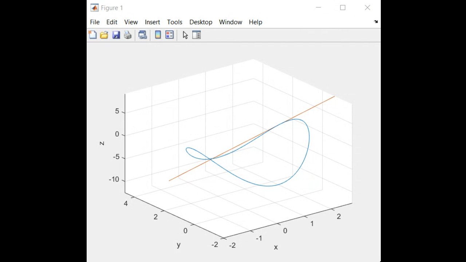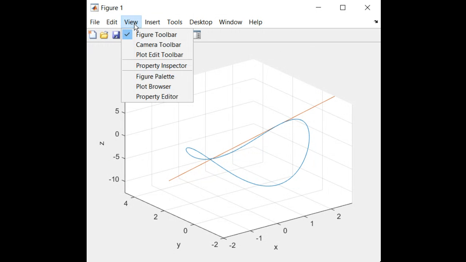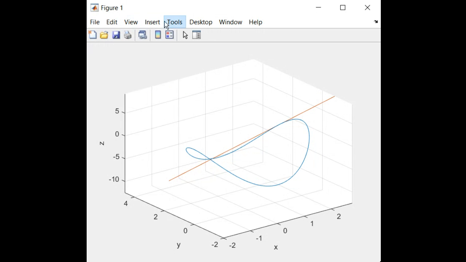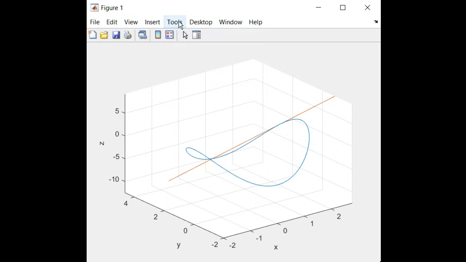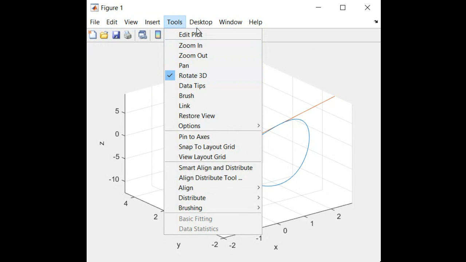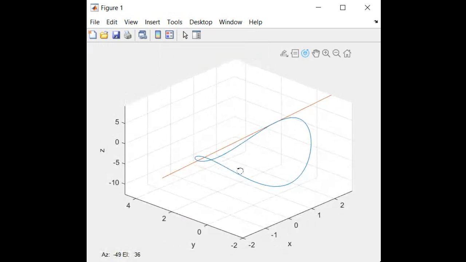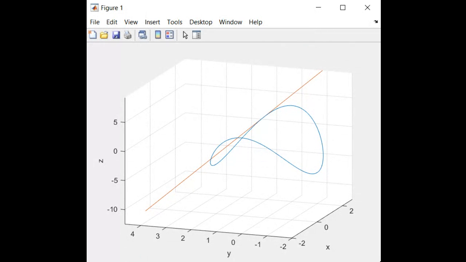And by the way, if you go to the figure and click on tools, you can rotate the figure. You can rotate and change your orientation, whatever you want. How many think that's pretty cool? Yeah, I'm liking it too.